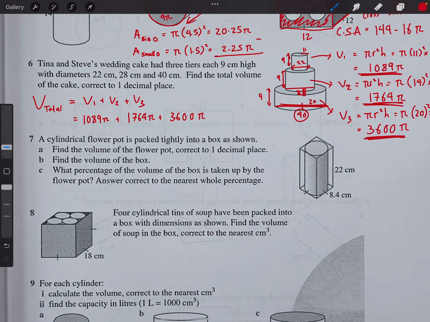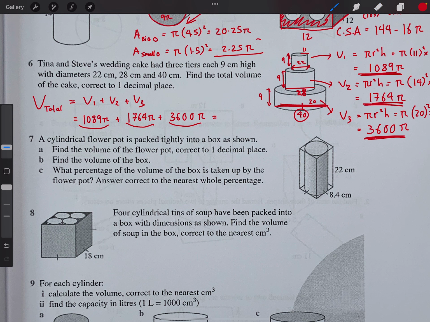Now we're going to add them all up and leave it in terms of pi. We can add these up because they're like terms. They all have pi in them, just like if we add 3x plus 2x. They both have multiples of x in them, and we can add them to equal 5x, right? So these are like terms, we can add them up.